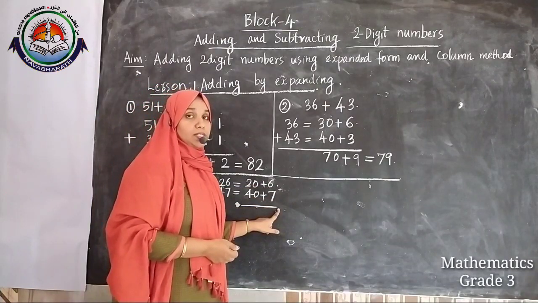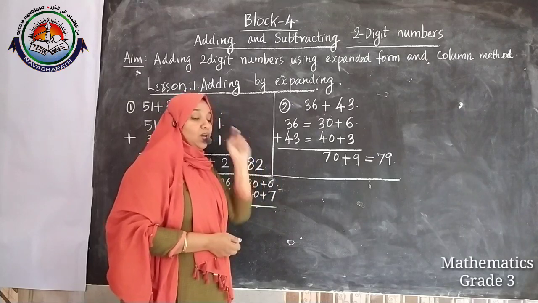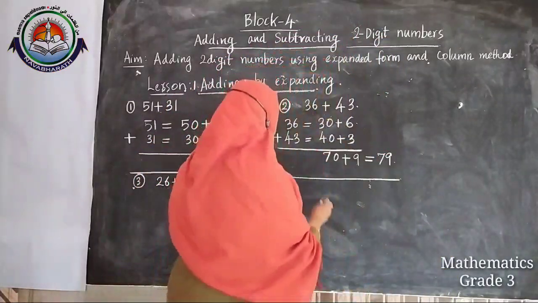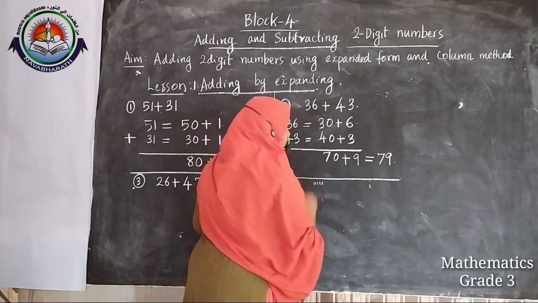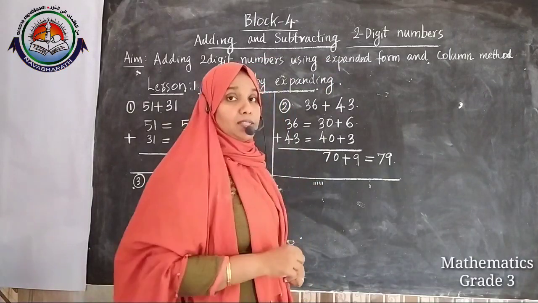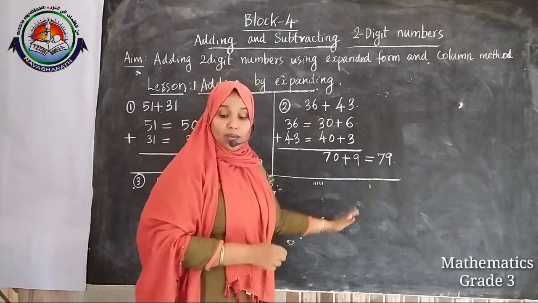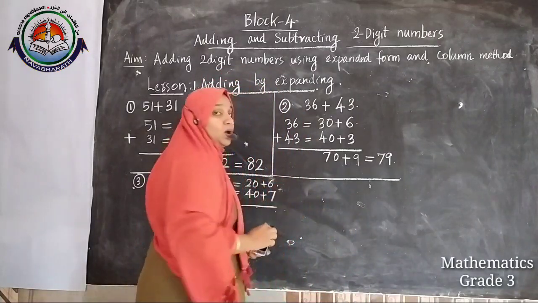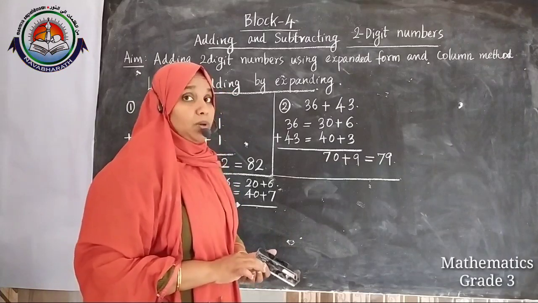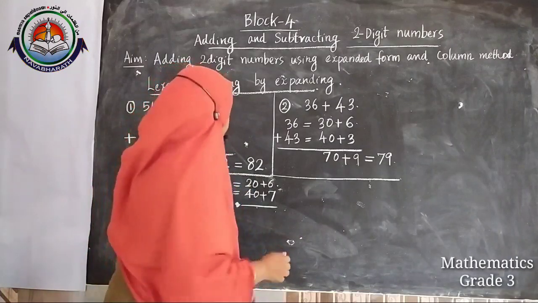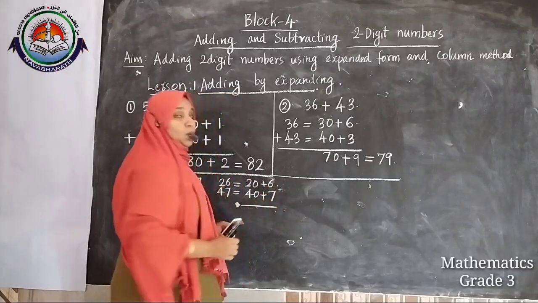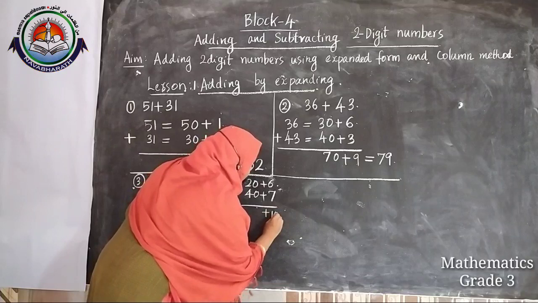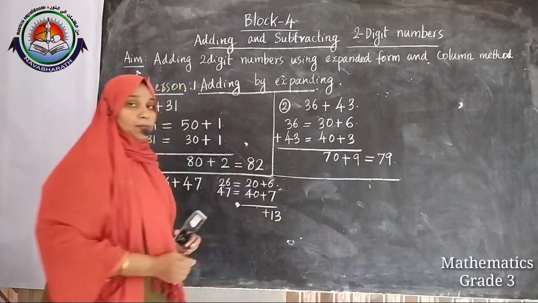How to add 6 plus 7? Keep 6 in your mind. You can take 7 fingers in your hands, or you can put 7 lines, then add it. Anyway you can do. That addition of 1-digit numbers we studied before in our first and second standard. What is 6 plus 7? 6 plus 7 is 13. So we have to write here 13.